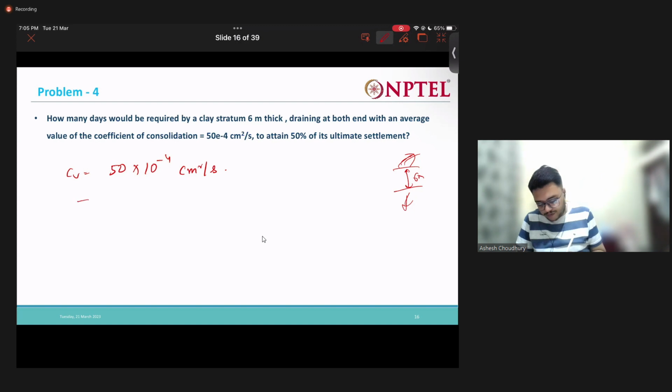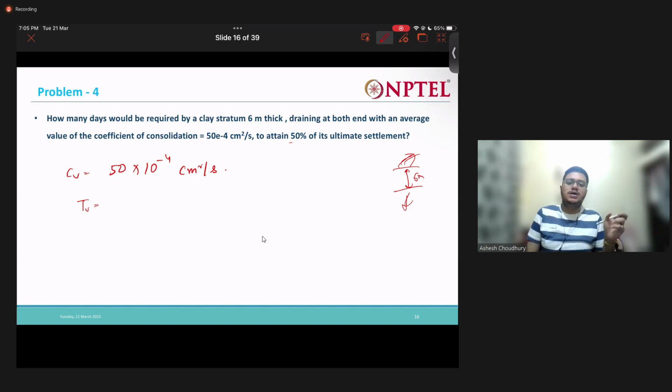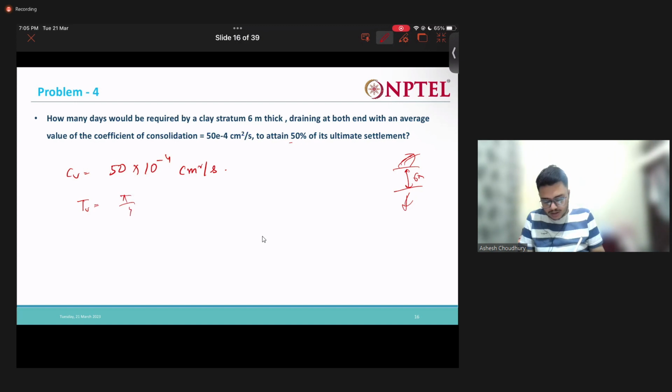For 50%, which is less than 60%, what was the relation for time factor? For degree of consolidation between 0 to 60%, it was Tv equals pi by 4 into (U by 100) square.